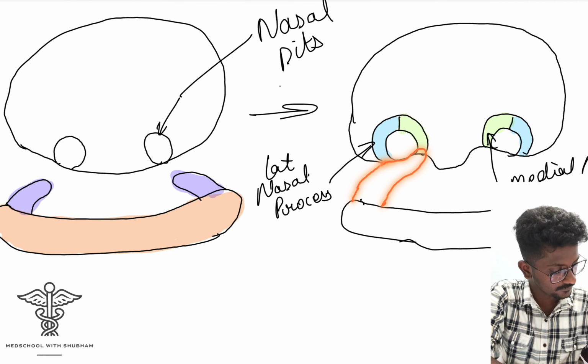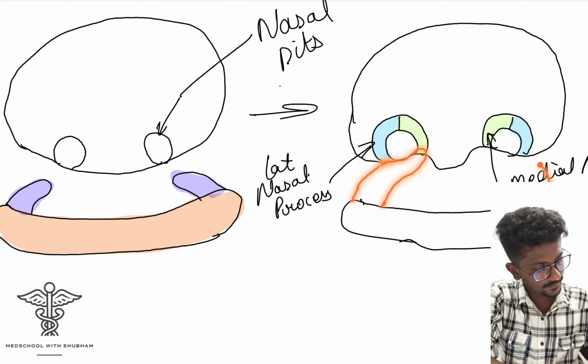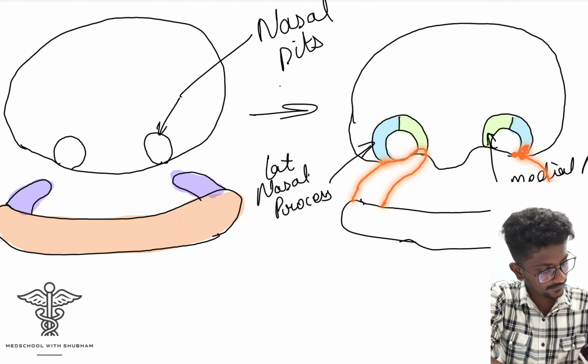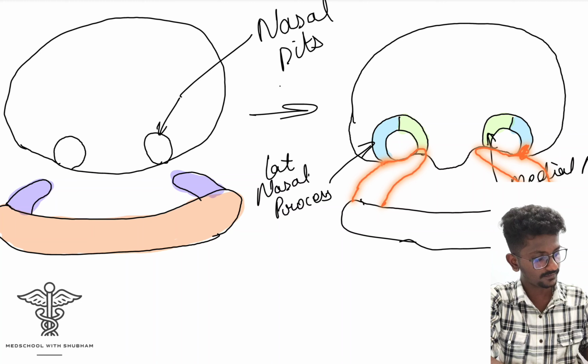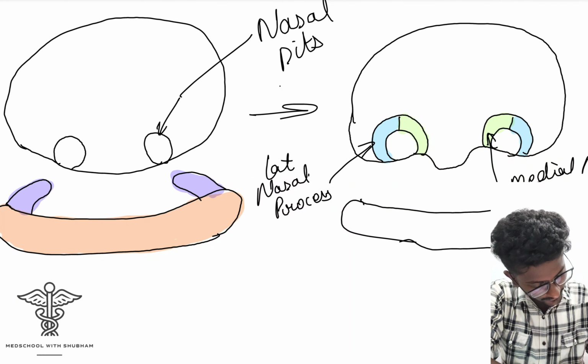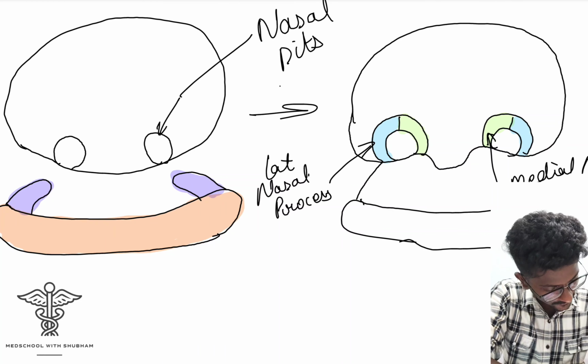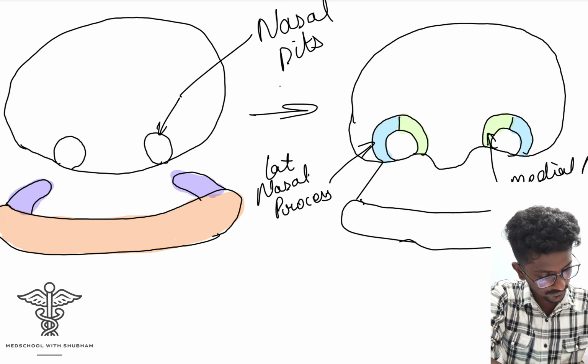I will show on this side also. The maxillary process starts growing. It will touch, or join with, the lateral nasal process. This is the lateral nasal process, but ultimately it will fuse with the medial nasal process. This is the medial nasal process. So I get a structure in this way. This is the maxillary process.